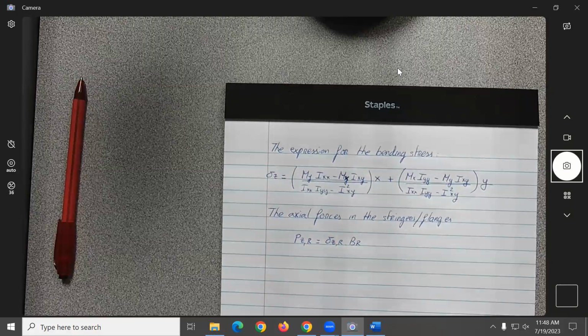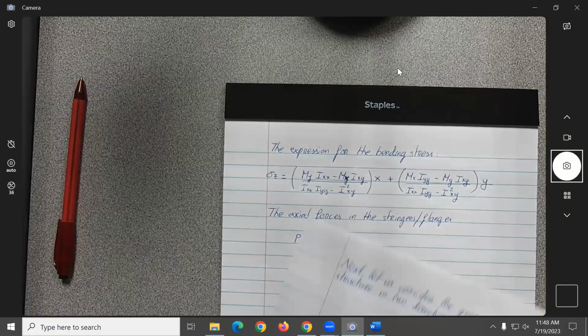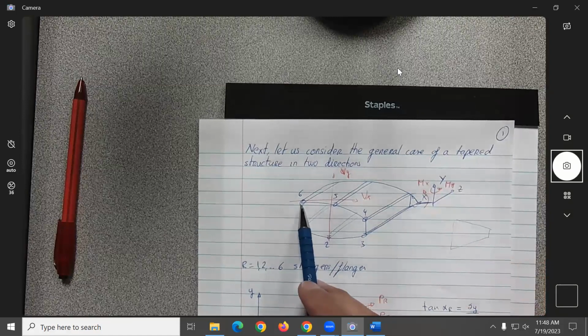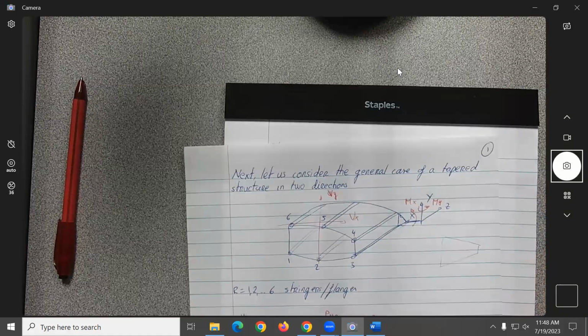So now that we know this, let's say this is a cantilever, you can find the stress at 1, 2, 3, 4, 5, 6, at different locations of the wing.